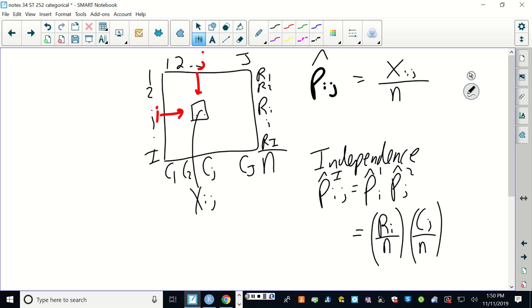Now if the independence model's pretty close to reality, if they really are pretty much the same proportion, if it's homogeneous, if it is independence, then this number should be pretty close to this number. Not only in that one cell, but across the entire table. But if there's some departure, like one category, boys or girls, had very different opinions, then it's not going to match up very well.